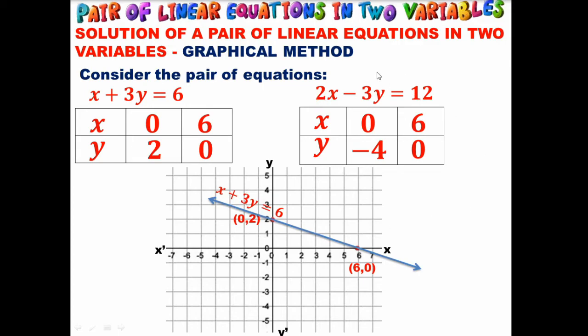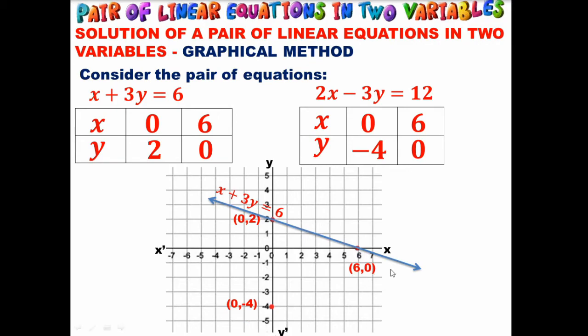Now we'll go for the next equation. The first point of the next equation is when x equals 0, y equals minus 4. Therefore the first point is (0, minus 4). Right? And then the next point is (6, 0), which I have already plotted for the first line. So those 2 points coincide. So this is my second point. (6, 0) is the second point of the second equation.